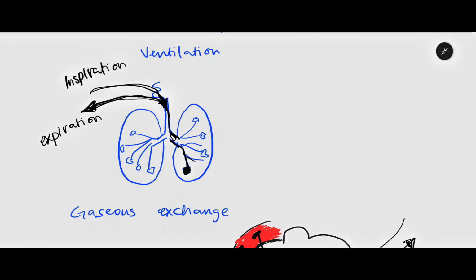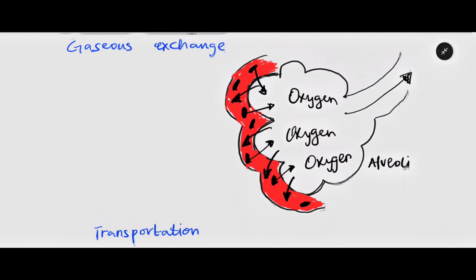And air moves all the way down into these different pipes, which we're going to look at later on in this video, and down to this fluffy structure down here, which we call the alveoli. Alveoli is plural, meaning many of them, and alveolus is singular, which means just one of these is called an alveolus.